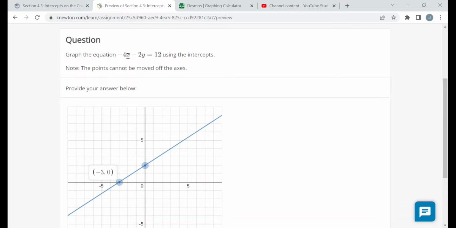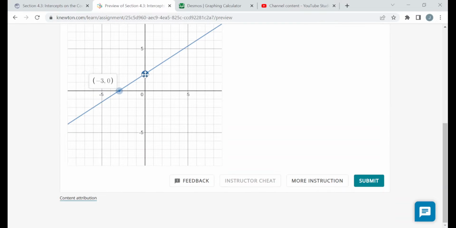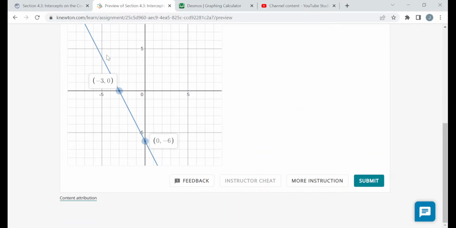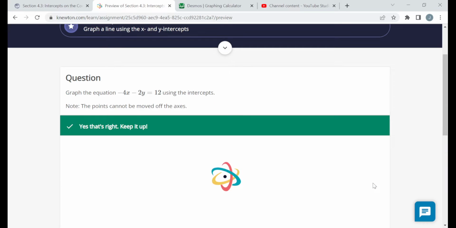And then if x were 0, you'd have negative 2y equals 12, dividing by negative 2, y would be negative 6. So 0, negative 6 would be the y-intercept. So negative 3, 0 for the x-intercept, 0, negative 6 for the y-intercept, and then the rest of the line is already filled in for us. Fantastic.